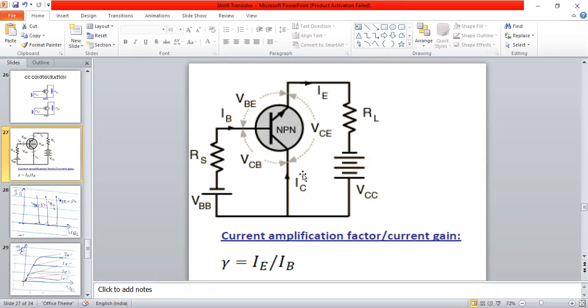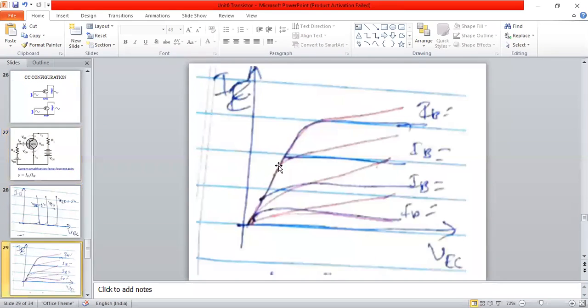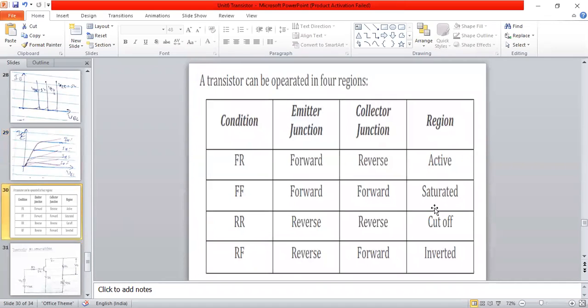But if it is zero, then because of the base supply some voltage will make it act as forward bias. It can operate only in some range. It will not operate in the saturation region. Do you get any output in the saturation region? No output, so it is also not operating.